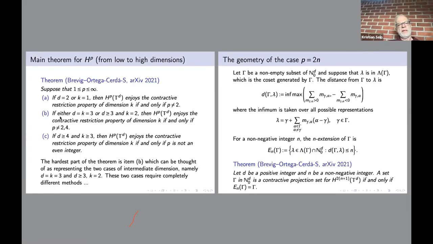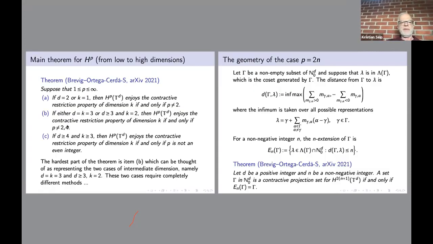So the reason that 2 and 4 appear here is that in some sense you could say that orthogonality in L4 is somehow closest to orthogonality in L2 if you compare with all different LP spaces. It's a vague statement, but roughly speaking, that's how one may think of it.